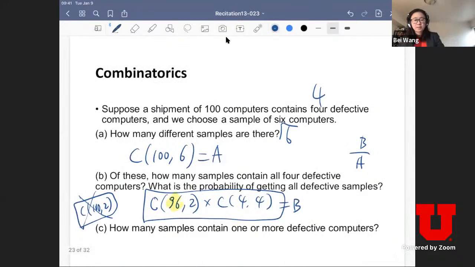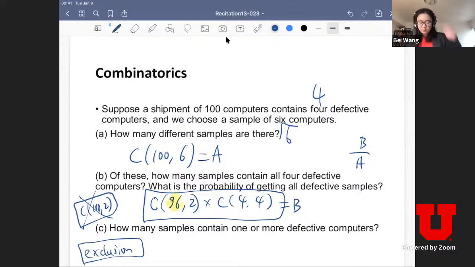Now the last question is, how many samples contain 1 or more defective computers? I will give you a hint. This is a problem where we need to think about the exclusion principle again. The number of samples that contain 1 or more defective computers is the total number of samples minus the ones that don't contain defective computers.